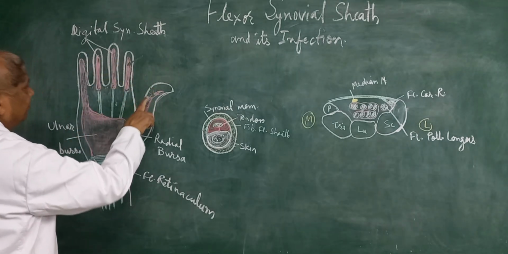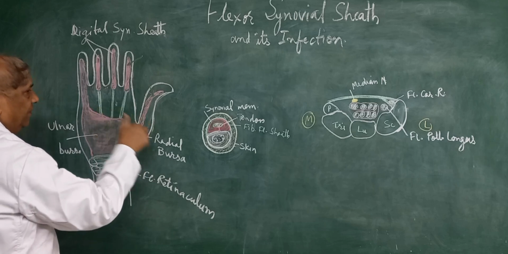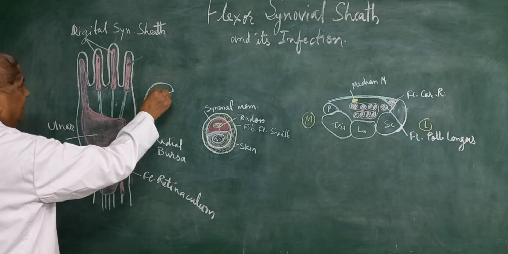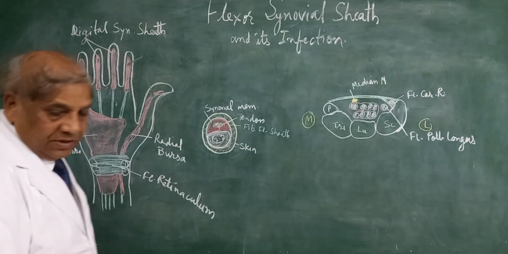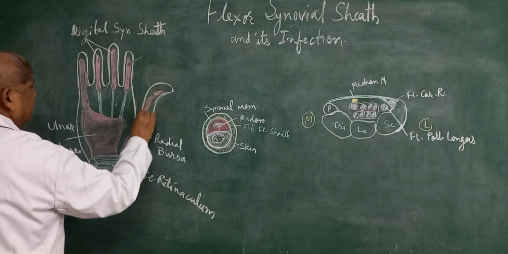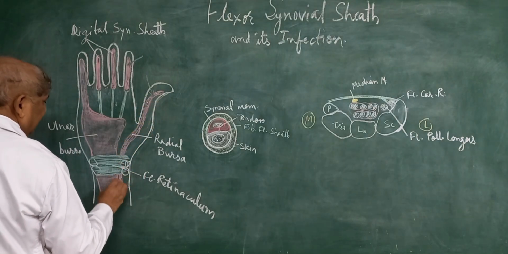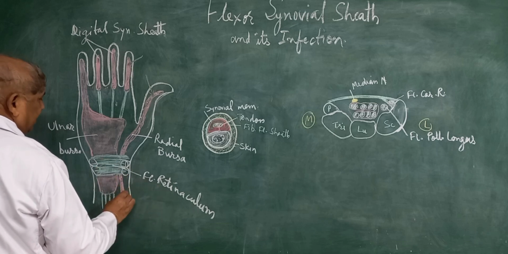If it is taking place in the radial bursa, which is around the flexor pollicis longus, then there will be a collection of pus and fluid in the synovial cavity here, and it will go up to the proximal part of the flexor retinaculum.